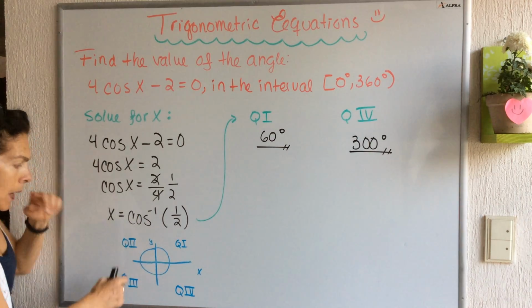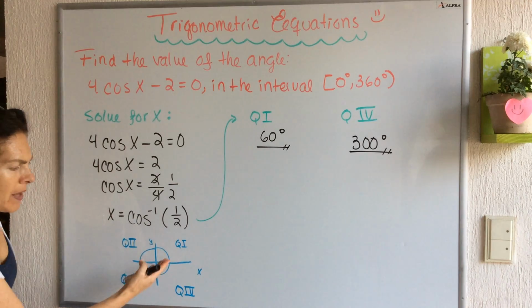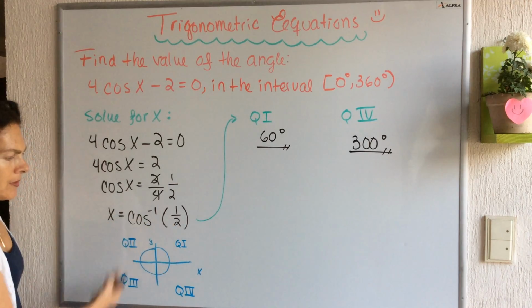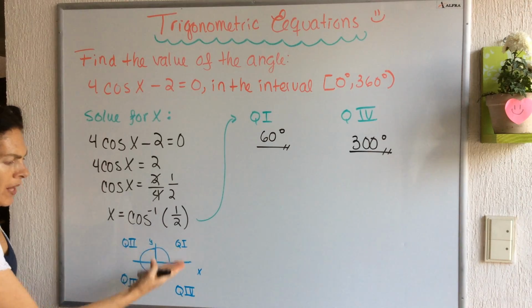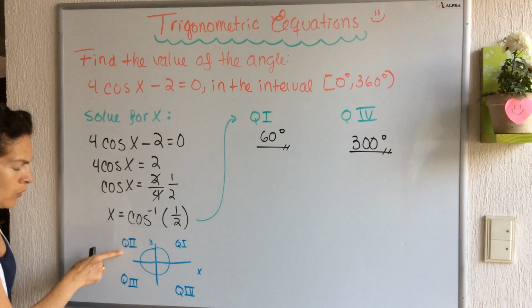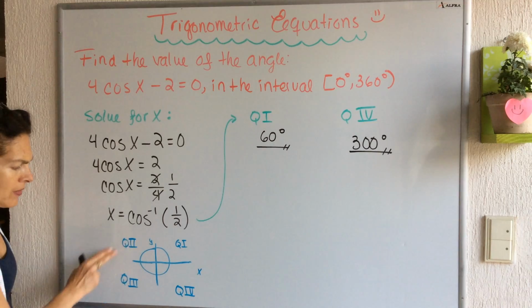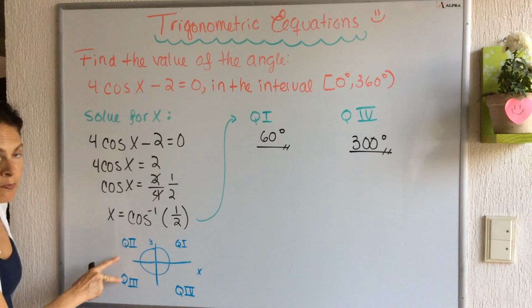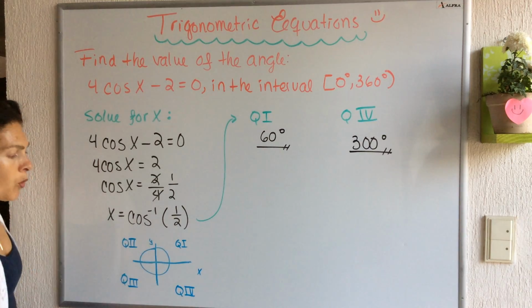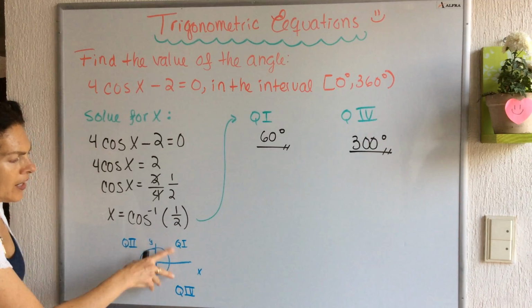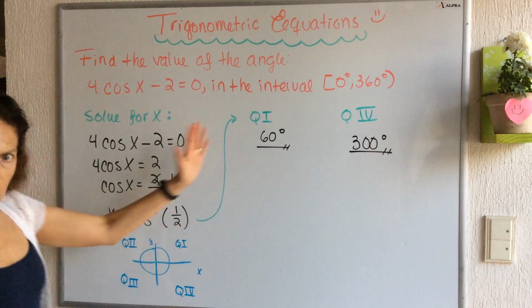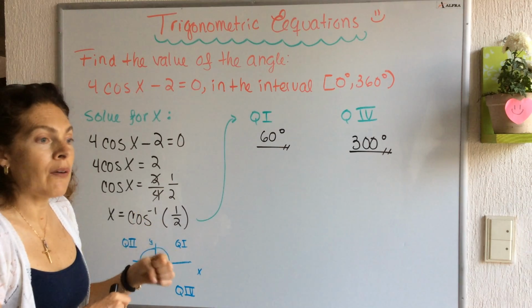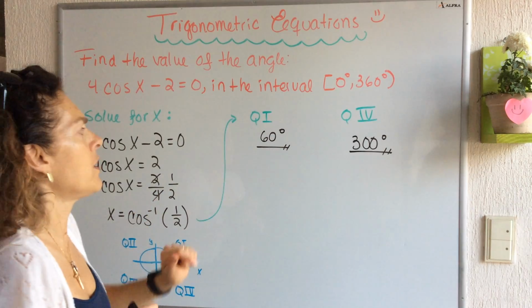In which quadrants are the x values positive? Remember, in quadrant 1 and quadrant 4, because in quadrants 2 and 3 the values of x are going to be negative. But we need where the values for x are positive. So quadrant 1 and quadrant 4. So now you know that you're going to have one answer in each of those quadrants.